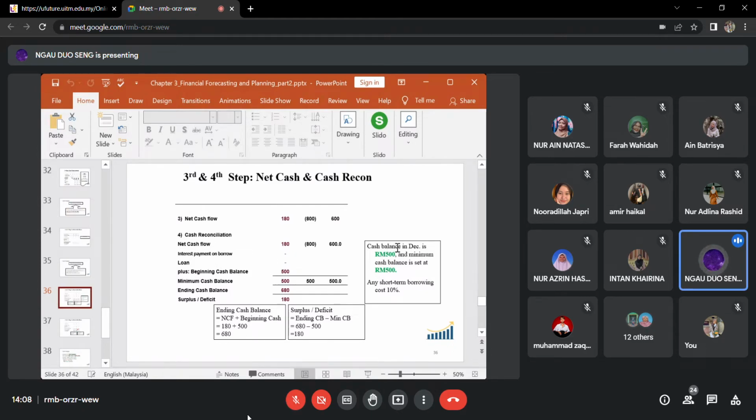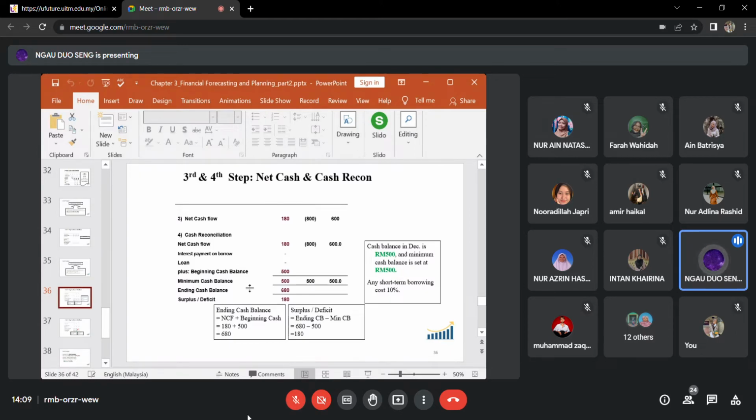So cash balance in December is 500 and minimum cash balance is set as 500 also. So plus beginning cash balance lah. So balance in December adalah 500. So we put here 500. So minimum cash balance adalah 500 according to the question.